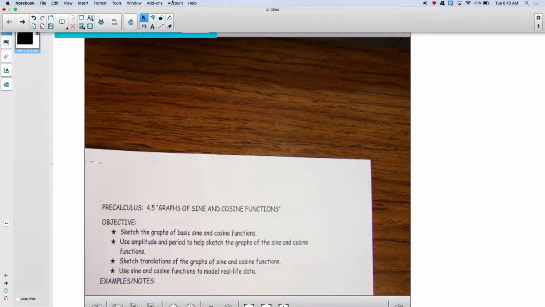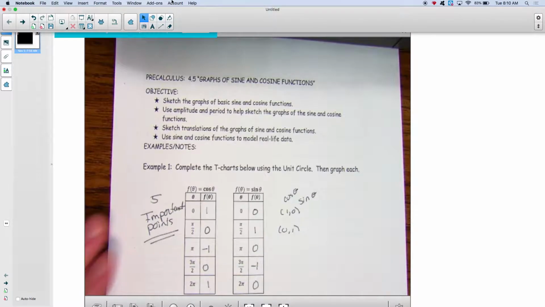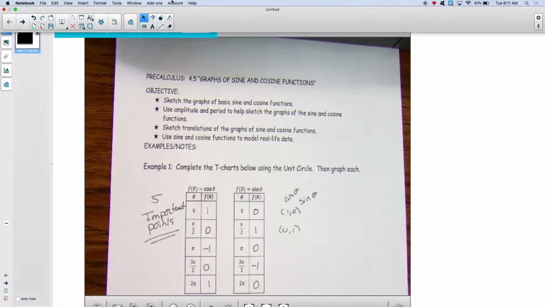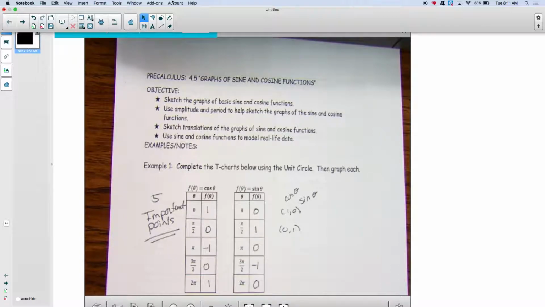So what do we know about them? Well, let's look here. A sine wave or a sinusoid is a waveform whose graph is identical to the generalized function y equals d plus a sine of bx minus c.